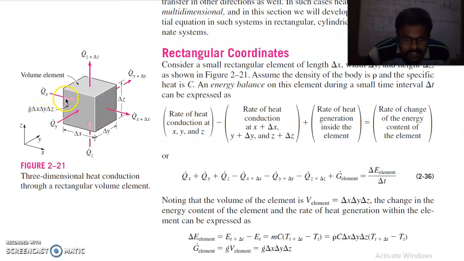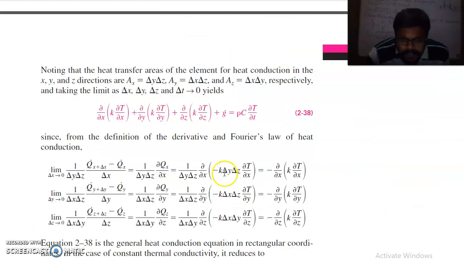Now this Qx heat is in the direction of x, which is perpendicular to this area del y and del z. During the analysis of this heat transfer Qx, you will take this area which is perpendicular to the direction of heat transfer, this area which is del y into del z. So this is your Fourier law, which is k into the area, which is del y del z, perpendicular to heat flow.